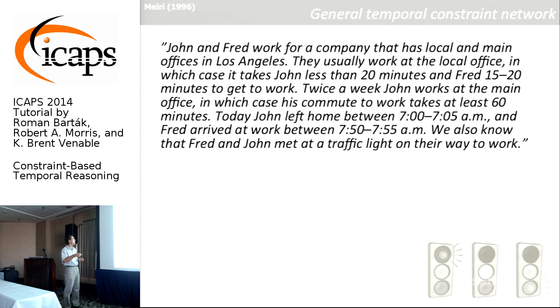And we know that they met at a traffic light somewhere, right? So it's a very complex temporal problem with some numerical relations, but also some qualitative relations, like, okay, they met at a traffic light. What does it mean? Well, it means that the intervals for traveling must be overlapping, right?